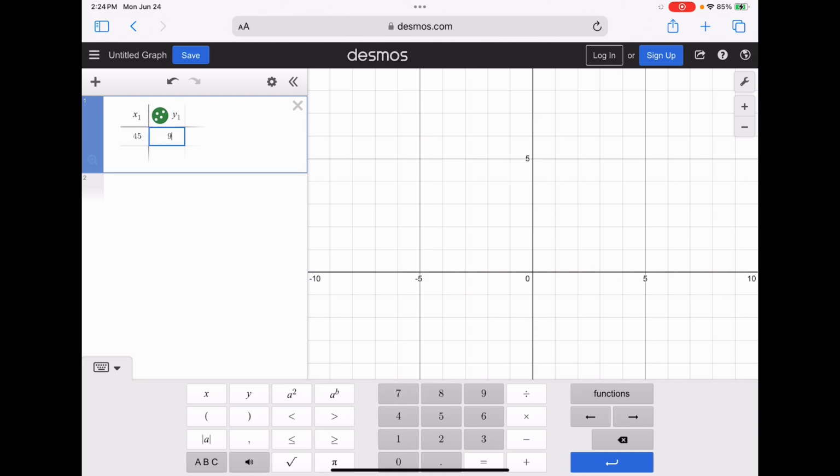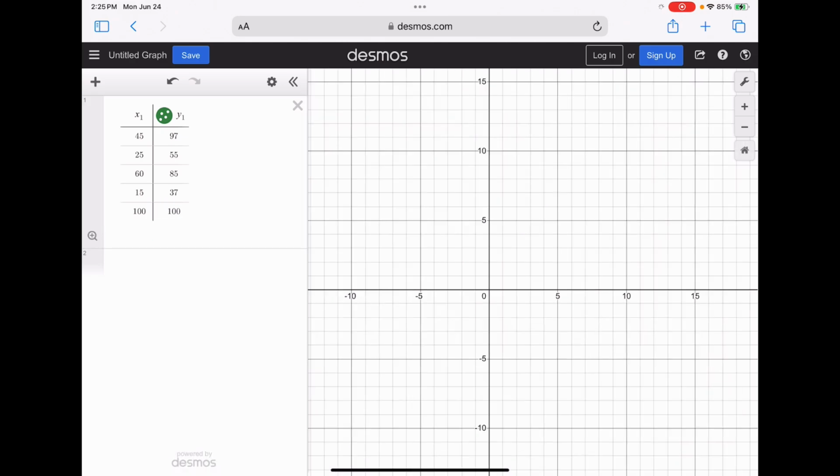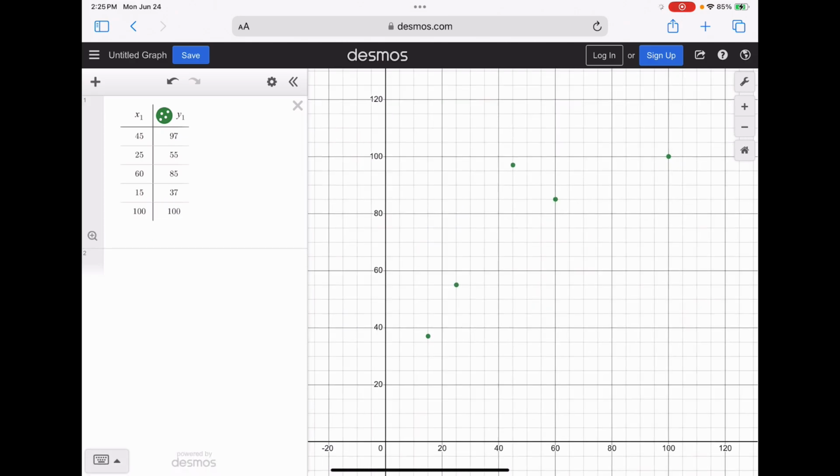So 45, 97, 25, 55, 60, 85, 15, 37, and 100. And if you zoom out, there's our graph.